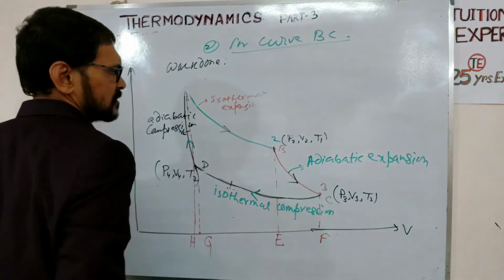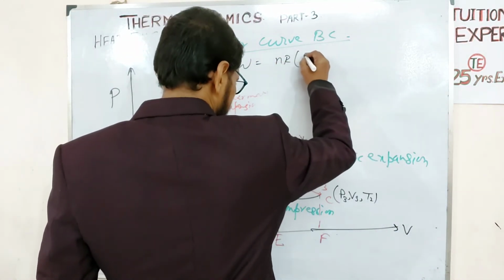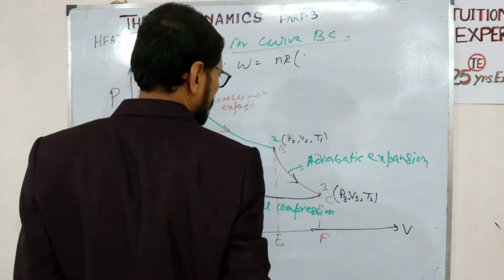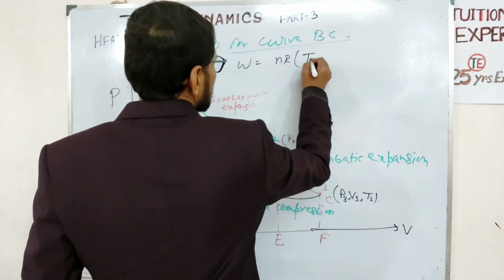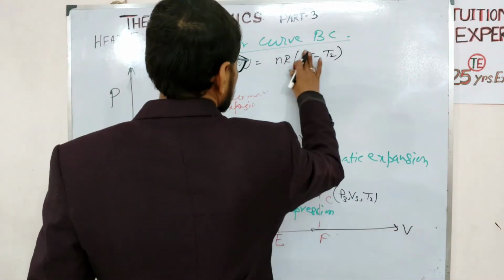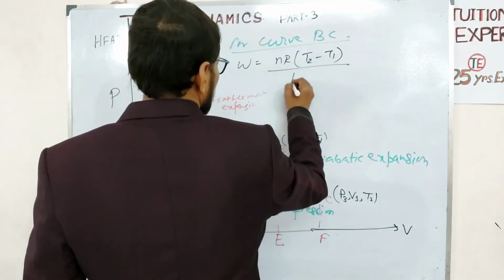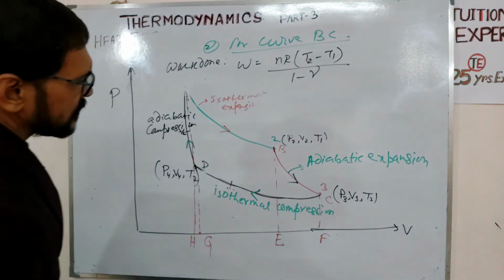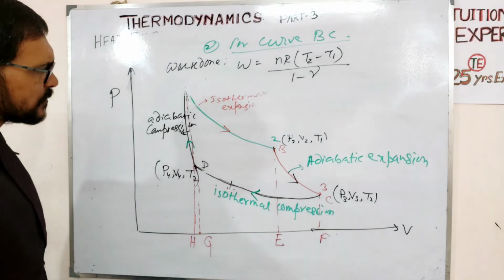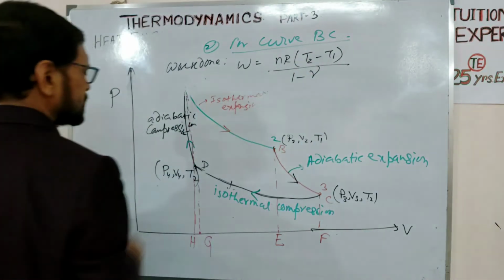This is adiabatic expansion, so temperature falls. Work done equals nR (T2 minus T1) by 1 minus gamma. As T2 is less than T1, this is negative work done.